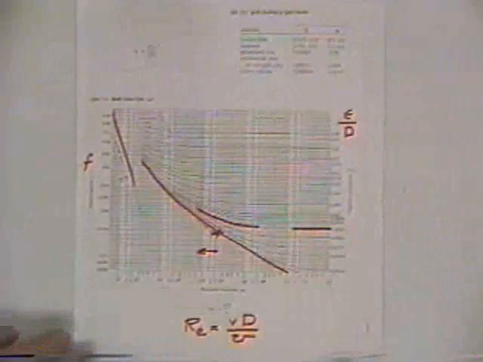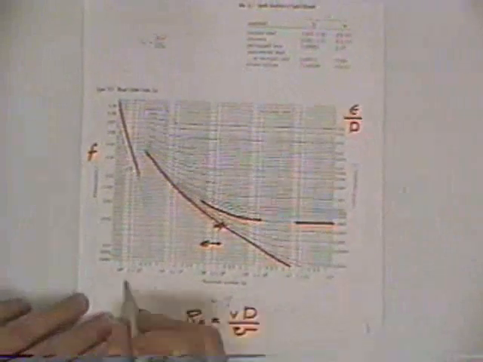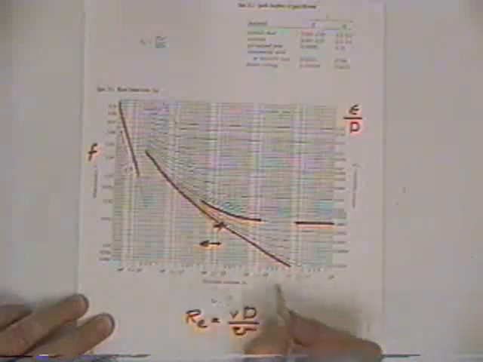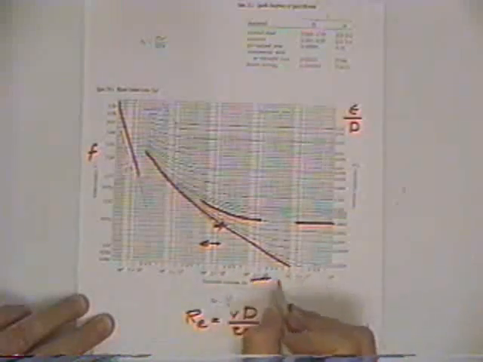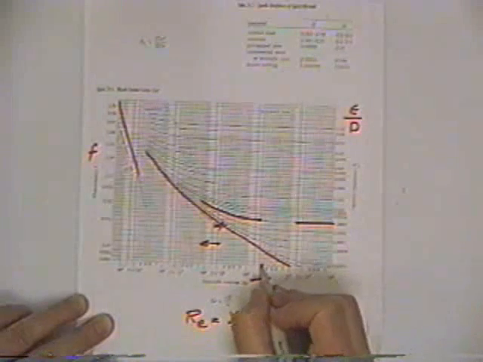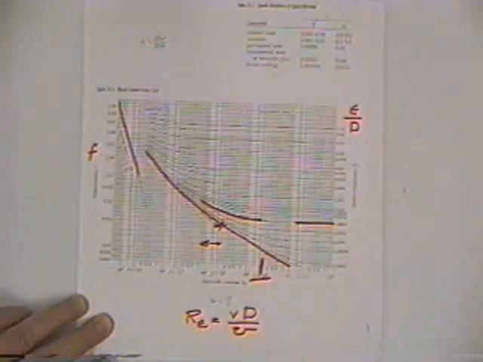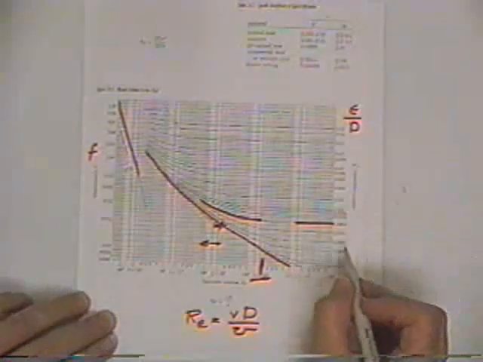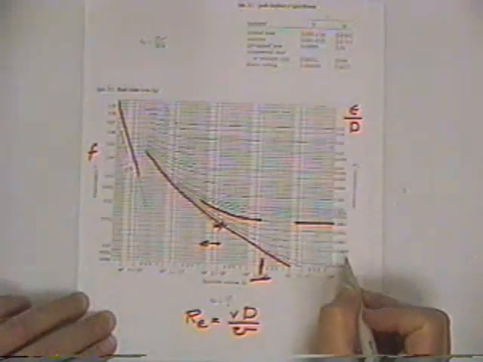And so we go back to our Moody diagram, and we've got a Reynolds number on the horizontal bottom scale here. Ours is times 10 to the 6th, so it's going to be over here, and it's 2.09, so it's going to be right in here someplace. And then we've got a relative roughness of .0017, 2 zeros.